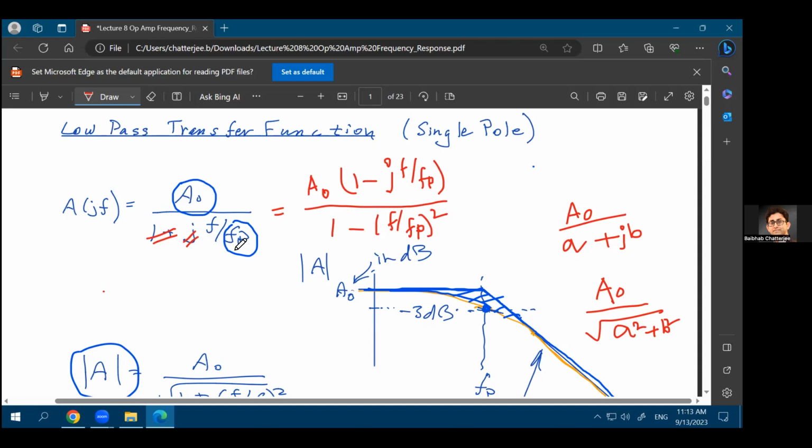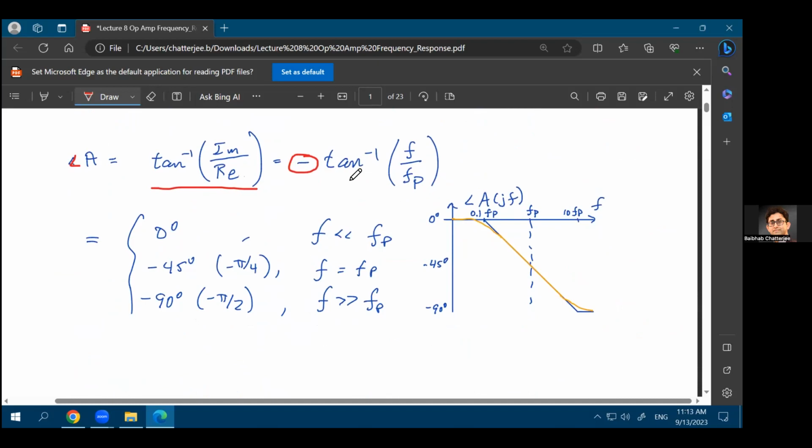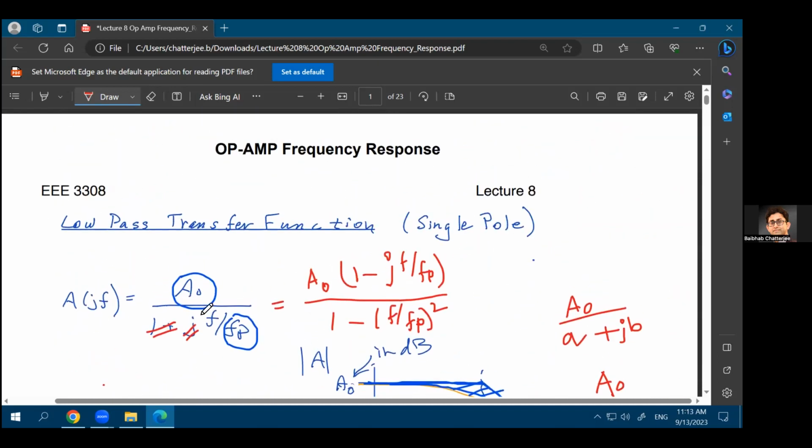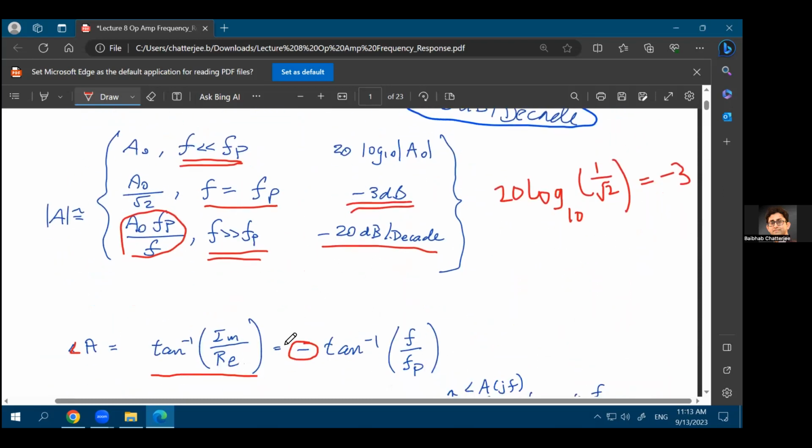Your denominator will become fully real, your numerator will become this. Take the angle of the real and imaginary parts, and you'll end up with minus tan inverse of f over fp. But a quicker way to remember is that because this is in the denominator, you take the imaginary and real part from the denominator and put a minus sign. That's it.